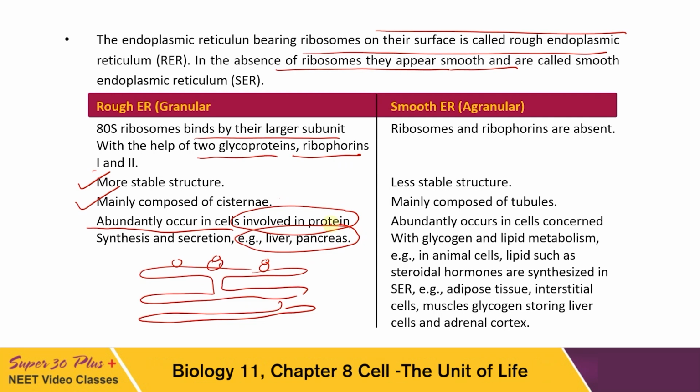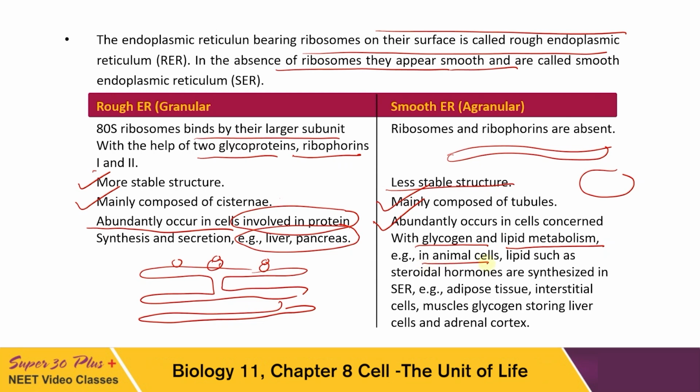Smooth endoplasmic reticulum is a tubular structure, or made of vesicles. They do not have ribosomes, therefore the surface is smooth. It is less stable, mainly composed of tubules or vesicles, and abundantly found in cells concerned with glycogen and lipid metabolism.